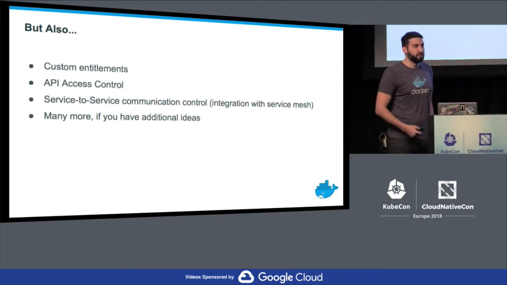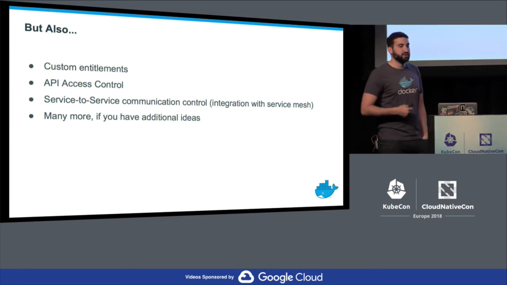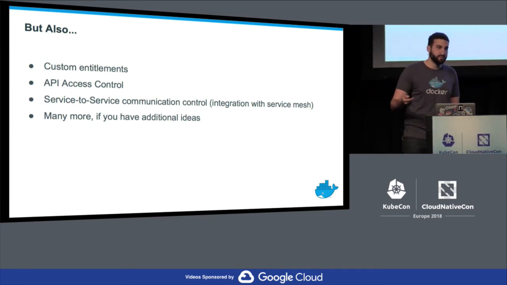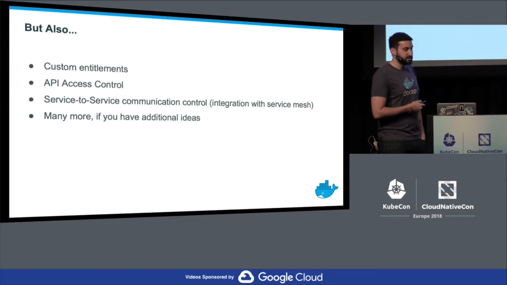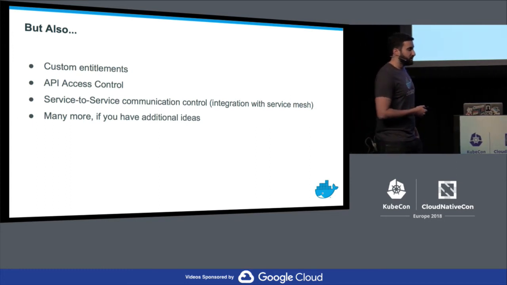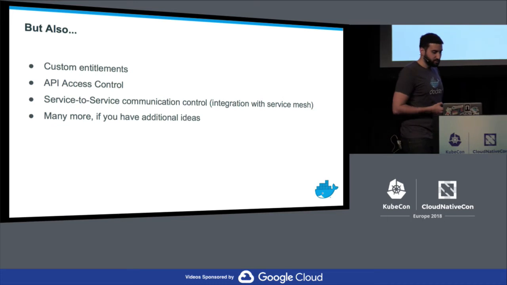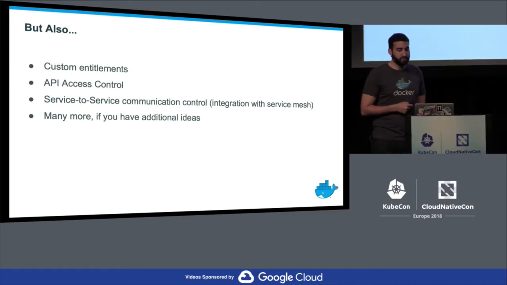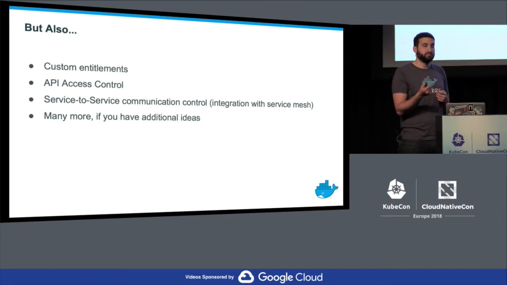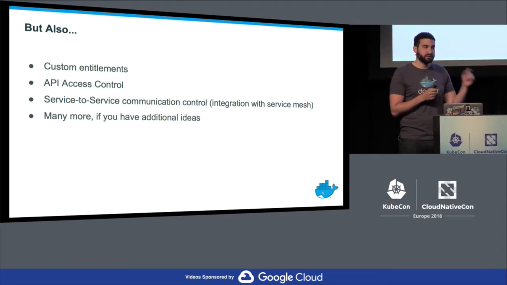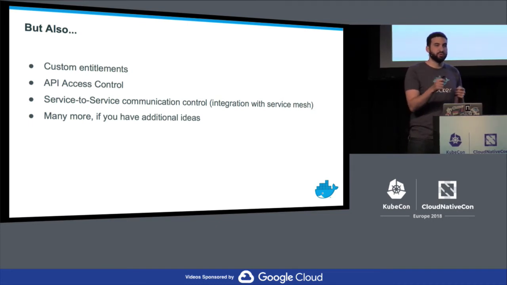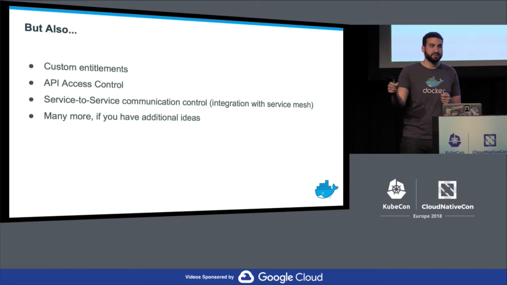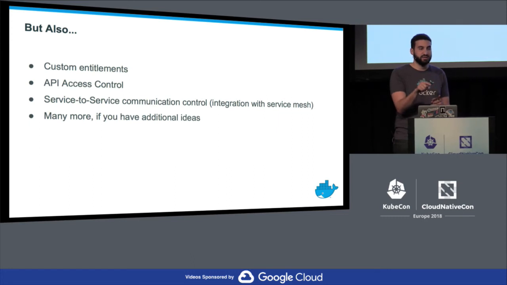Yeah, we will also have various stretch goals, such as allowing people to create custom entitlements, because it's always hard to come up with a set of permissions that fit everyone's needs. This is something that will need to be discussed. Another is API access control and service-to-service communication control, basically providing a way to say, hey, this container or this service should only be able to talk to these kinds of services, the same way as, for example, on iOS, you can say this app has the right to talk to only these daemons.